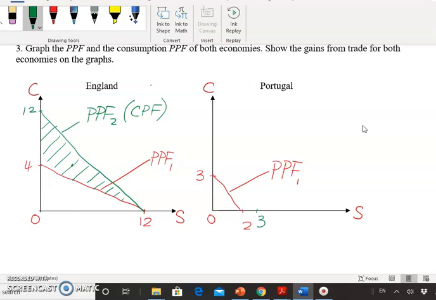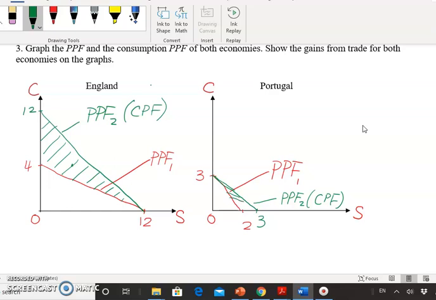So if we connect these 2 points, again, we produce a new PPF, okay? PPF2, or you could say the CPF.